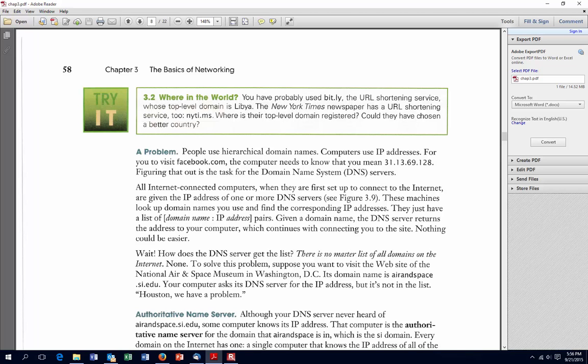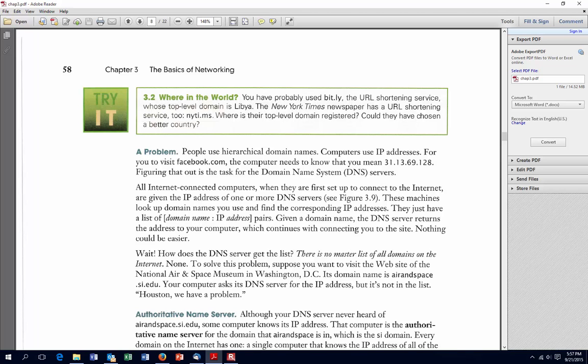So how do the DNS servers work in reality? Each computer is assigned a DNS server, whether that information is assigned statically or through the DHCP information that's handed out. Each one is given a DNS server to do the name to IP address translation. Typically, in a small environment like your home, that initial DNS server is just your router. Of course, your router really only knows about a couple of things, and those are the things that are in your house.